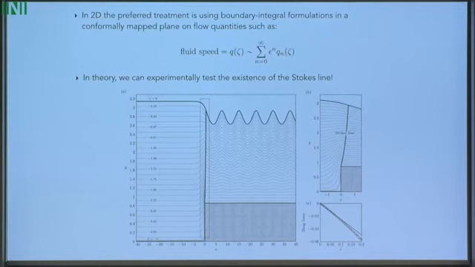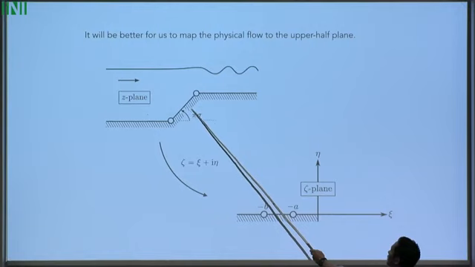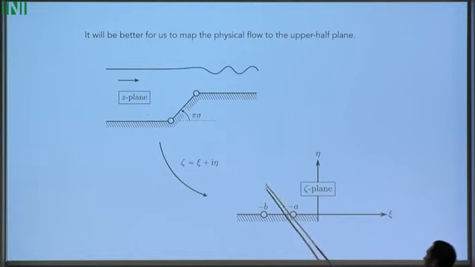Okay, so now I want to show you how to think of the production of these two-dimensional waves using steepest descents. The way that it's done is you have some flow over some boundary, and you'd rather map this boundary to some convenient plane, which we call the zeta plane.